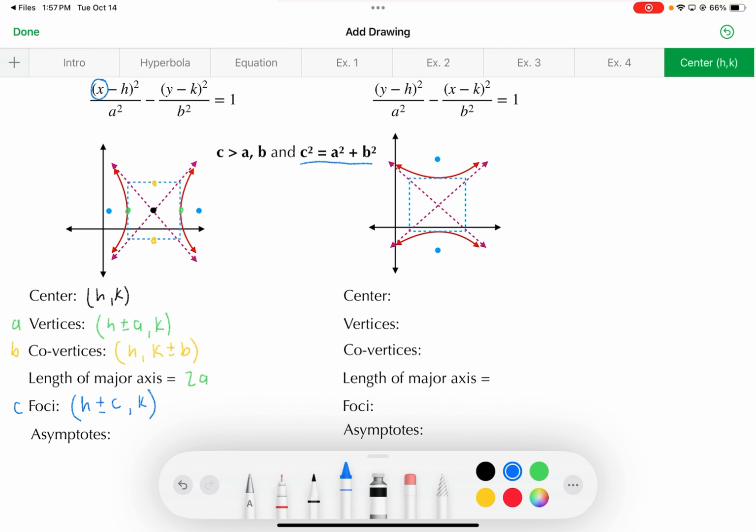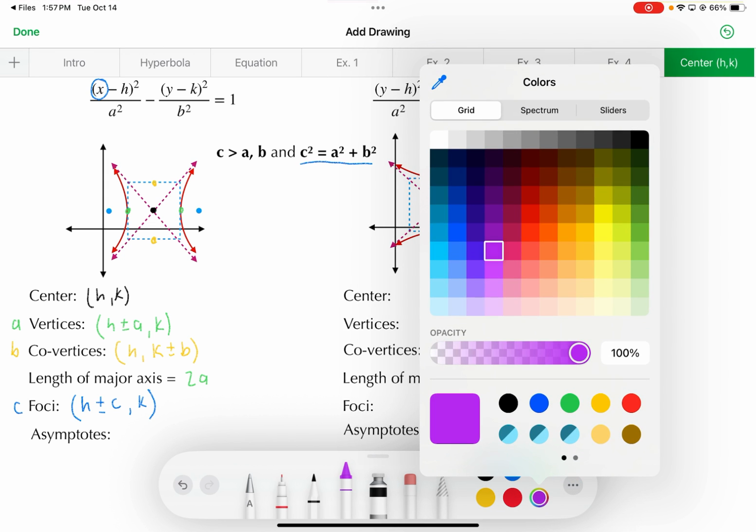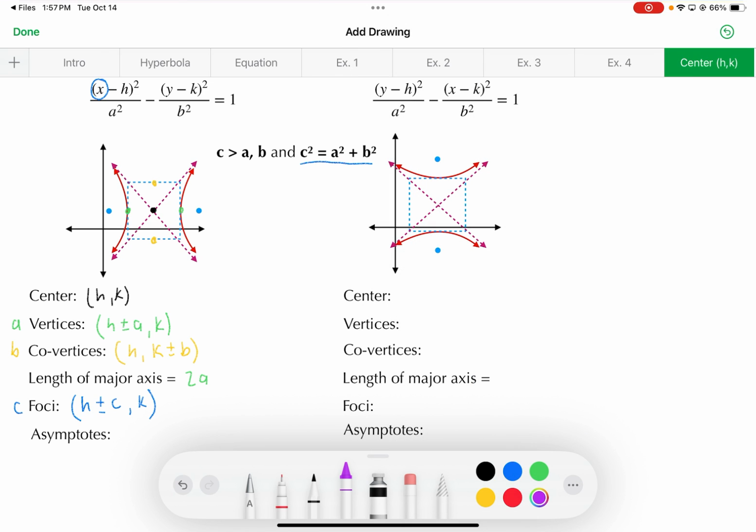All right, and then your asymptotes. Your asymptotes go through the center, so I can use the center as a point on the line, and then I have to reason out my slope. In this case, if I start at the center, I rise b units and then run a units to get to a second point on the line.